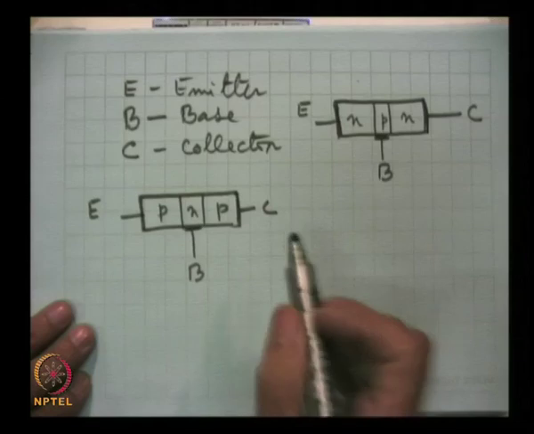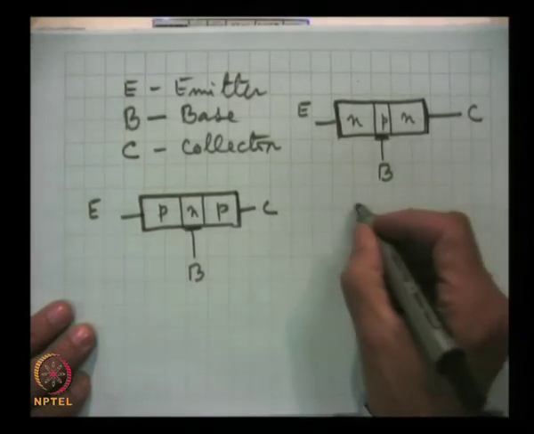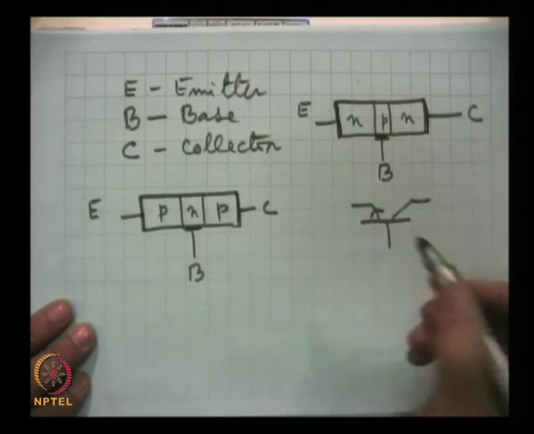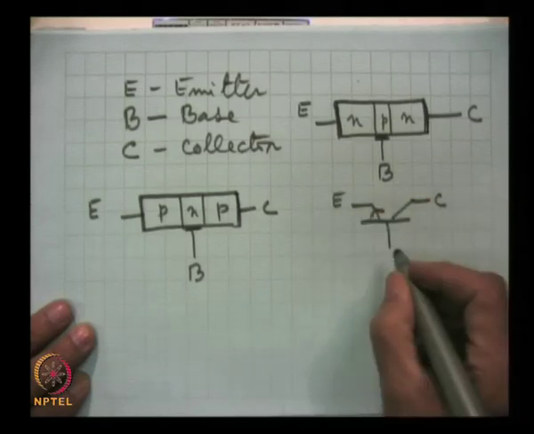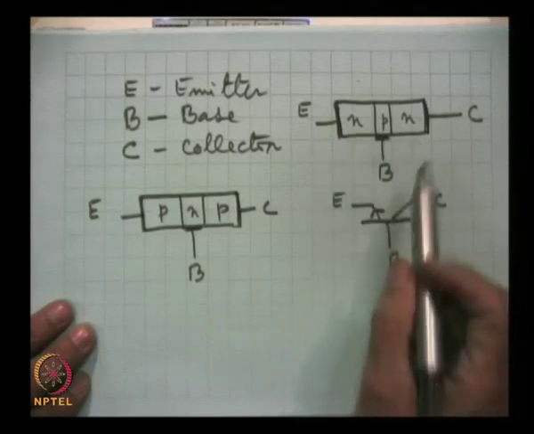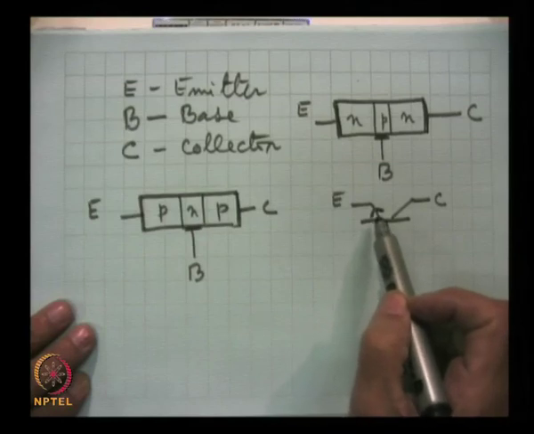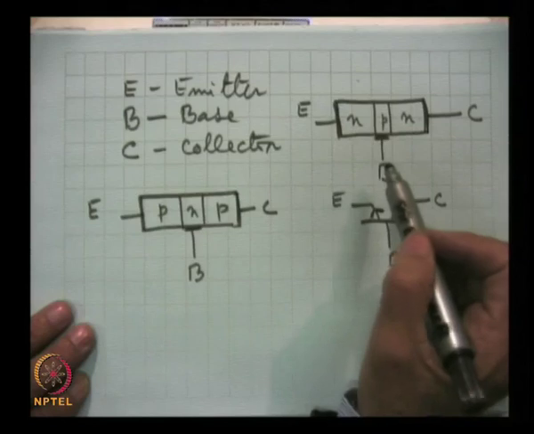The circuit symbol for NPN transistor is this. This is E, that is emitter, collector, and base. And as we will see later, this direction of arrow is actually the direction of emitter current in the transistor.